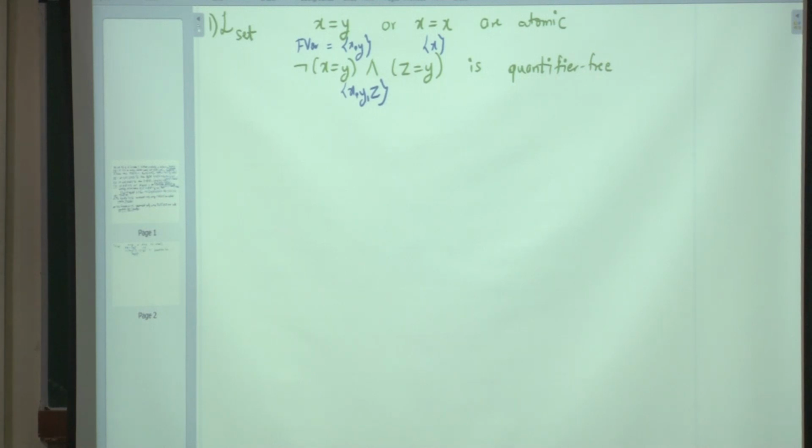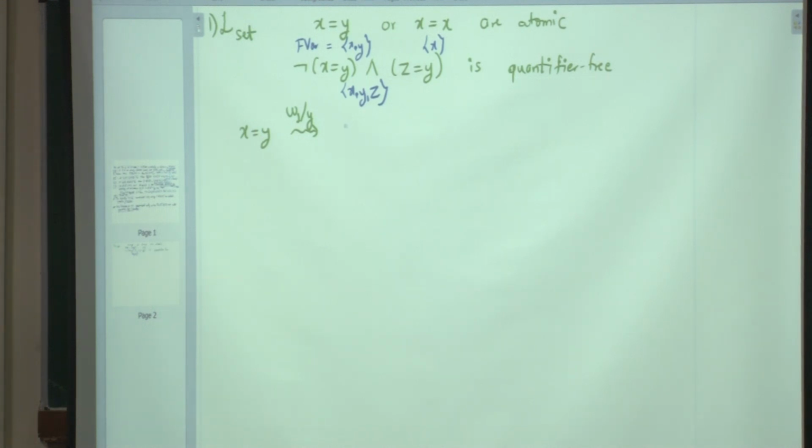What about, okay, for all x there exists a y such that negation x equal to, oh sorry, I shouldn't do this. Suppose I start with x equal to y, then I'm just going to show you some transformation. I'm going to replace y by w1.